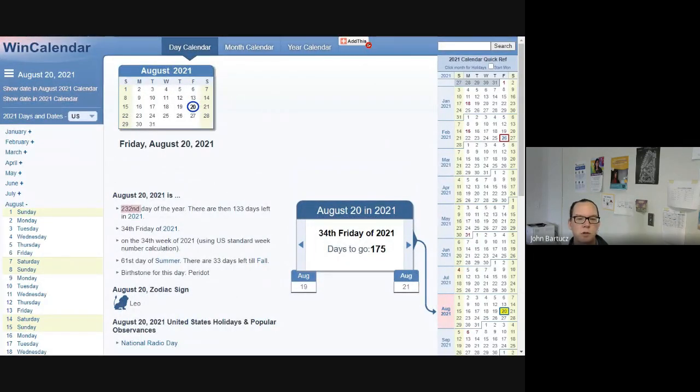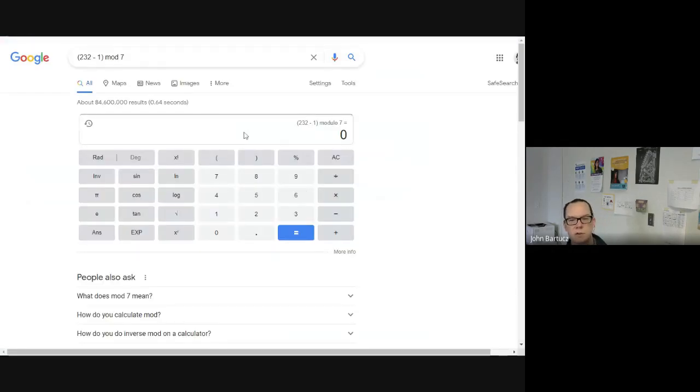Okay, so August 20th, 2021 is the 232nd day of the year. So we know it's a Friday. So what I want to do now is say 232 minus 1 mod 7 is 0, because it is the same day as the first day of the year.